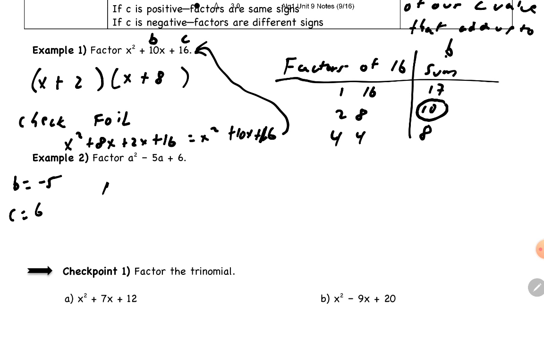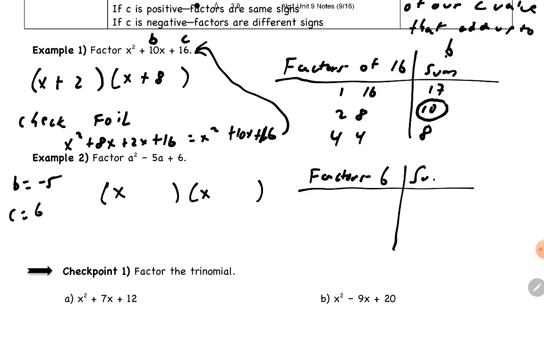So let's create our parentheses again. x and x makes x squared, and now we need to figure out what the other two numbers are. We're looking at factors of our c, which is 6, and they need to add up to negative 5.